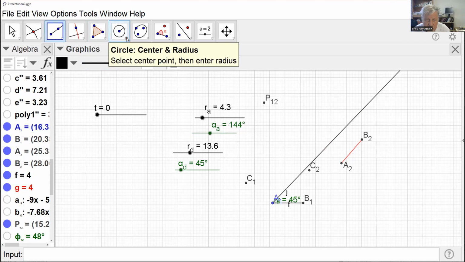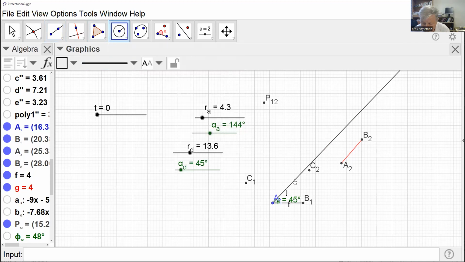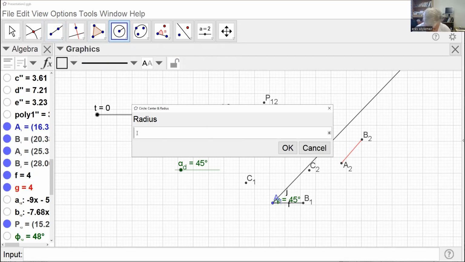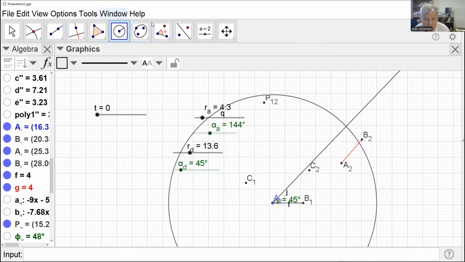Draw a circle with radius R dash D. Okay, no problem.